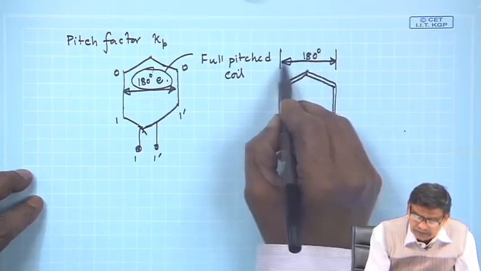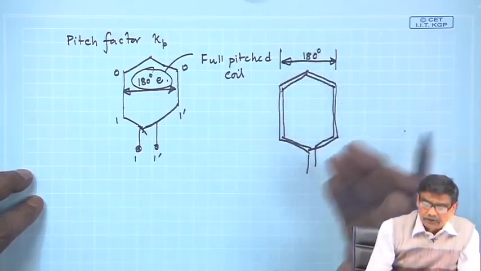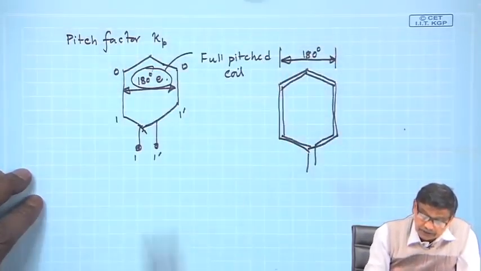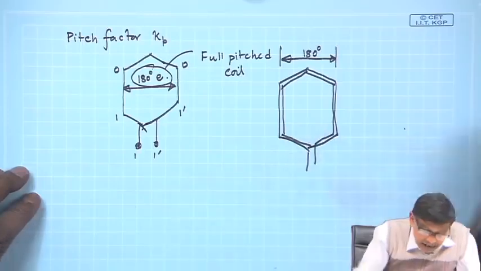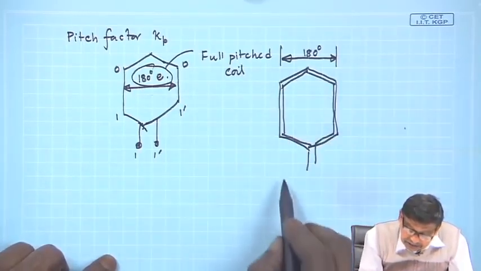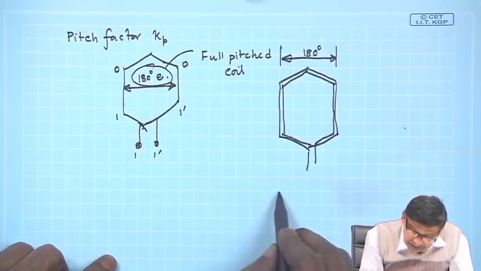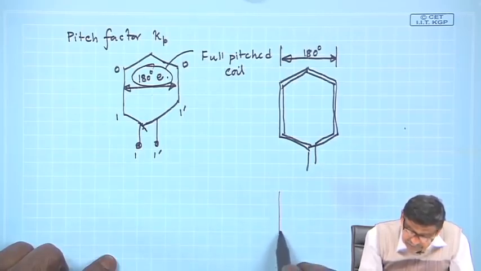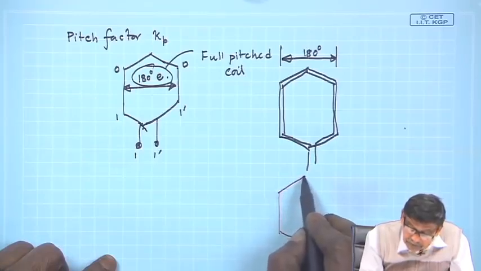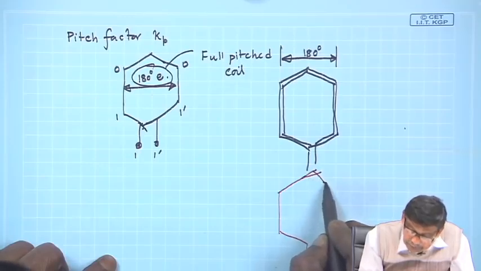You can also state this in terms of slot numbers, that is 6 as I told earlier for that particular problem. Anyway, I could have a coil which is, this is 180 degree electrical, it could be like this. You start here, go there, but come back from here.